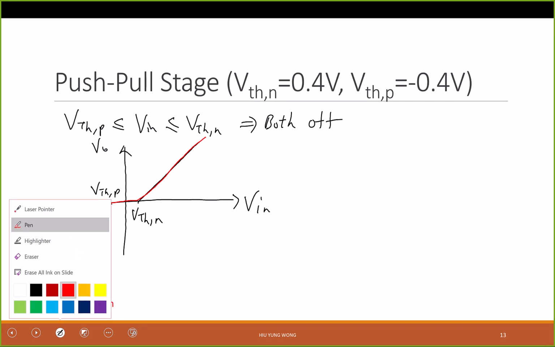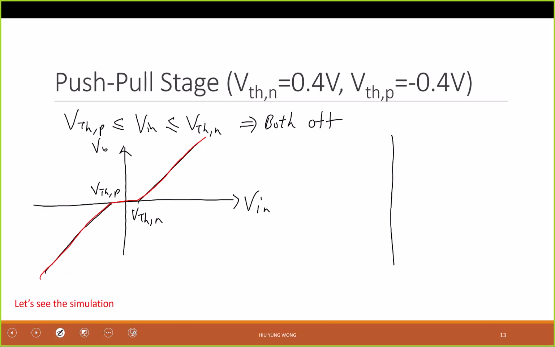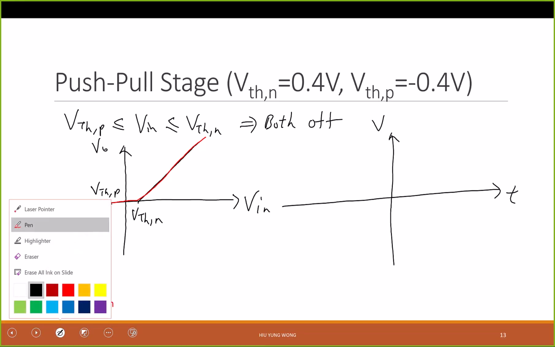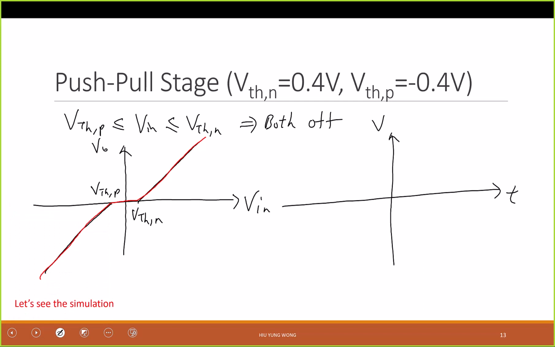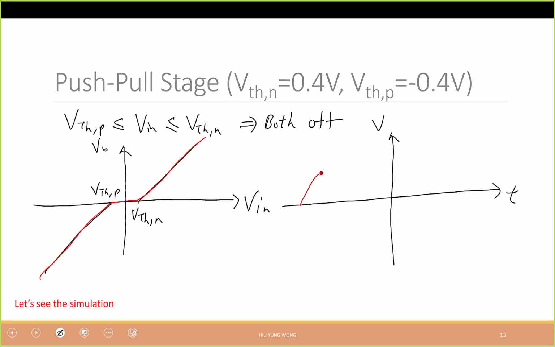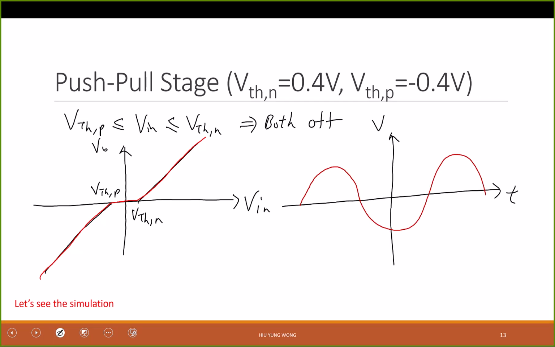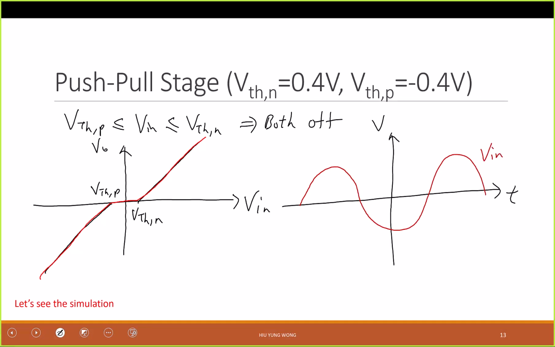If you try to draw the relationship between the time and the signal, this is the voltage, right? So this is your input, for example. And what will you get?